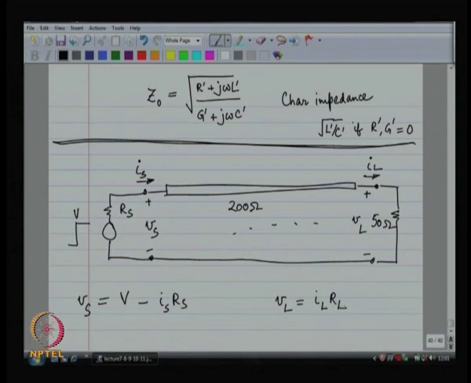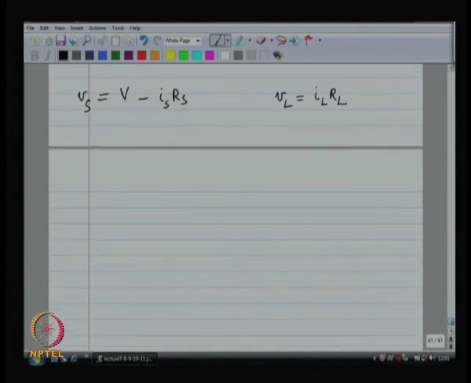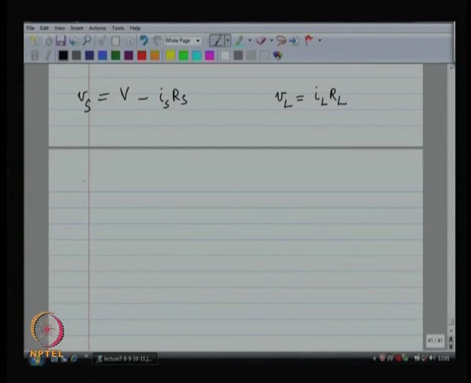So, we have got these two as our basic starting points. First, that the voltage across the load is IL times RL, and the voltage Vs is going to be V minus Is times Rs, right. Then we realize that Vs at the beginning of the transmission line is going to be equal to a forward moving wave plus a backward moving wave.